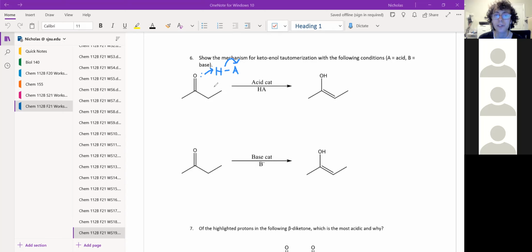And just as a general note, to help with mechanism approaches, if you're ever not sure how to start, and that's okay to be unsure, a lot of the time the first step of the mechanism should involve a reagent you're adding.